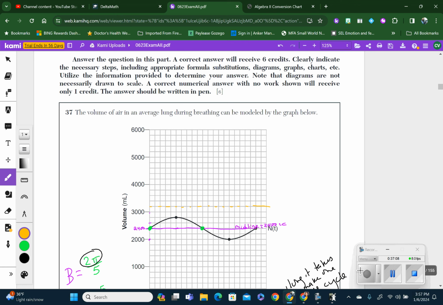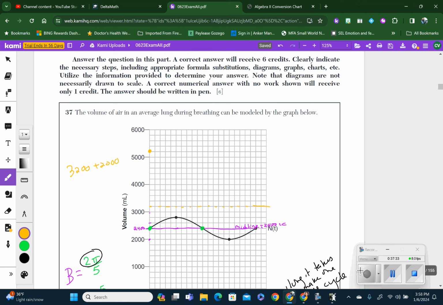So the 2000 above what I have. So this is my function, right? This is where the midline is. So I'm going to go 2000 above it. Okay. So how do I do that? 3200, right? So I'm at 3200 plus 2000 is 5200. So this right here is where my highest point is going to be.